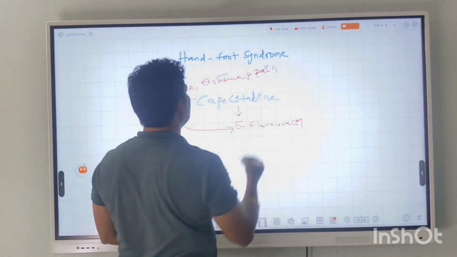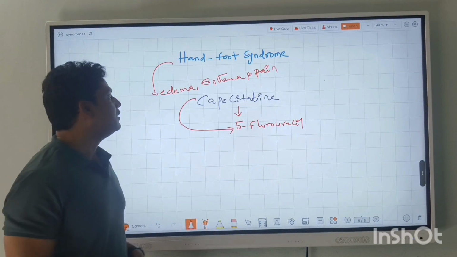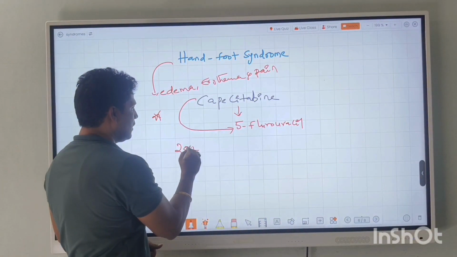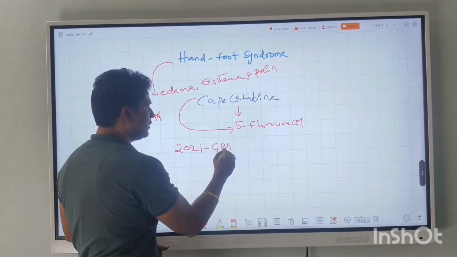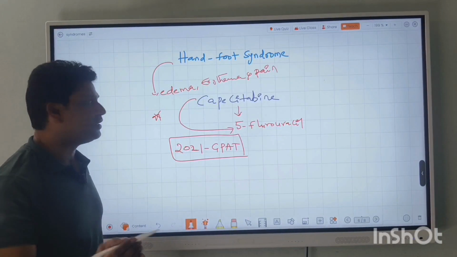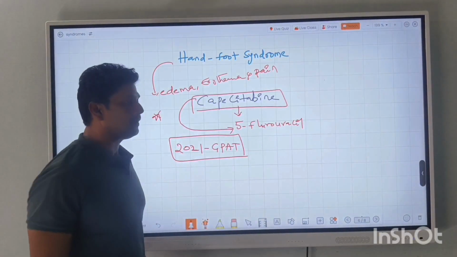So these are the symptoms of hand-foot syndrome, mainly caused by capecitabine. So this is very important. 2021 GPAT question: hand-foot syndrome is caused by which drug? That is nothing but capecitabine.